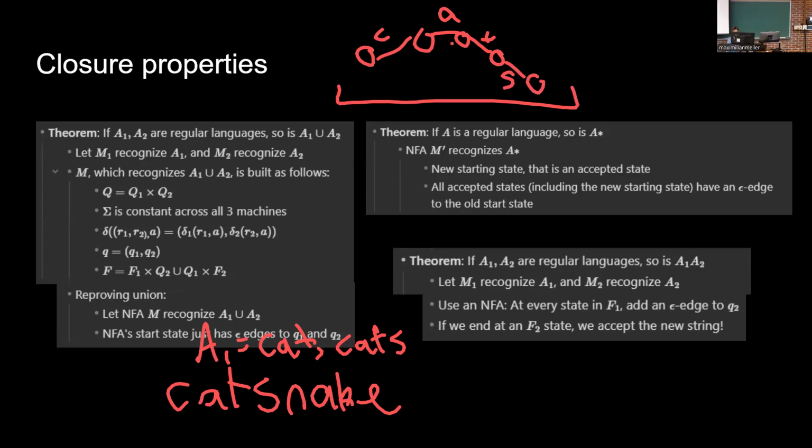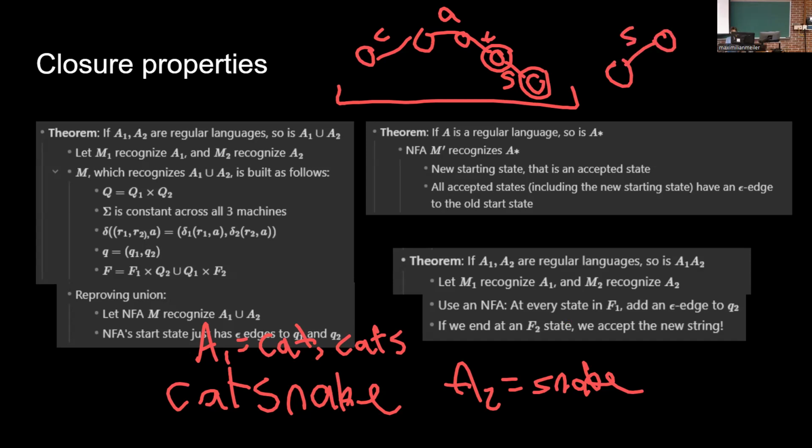So C, A, T, S, this is accepted, and this is accepted, right? And then we can have this other one, which say A2 will only accept snake. So we start and then we go S, N, A, K, E, and then this is accepted.